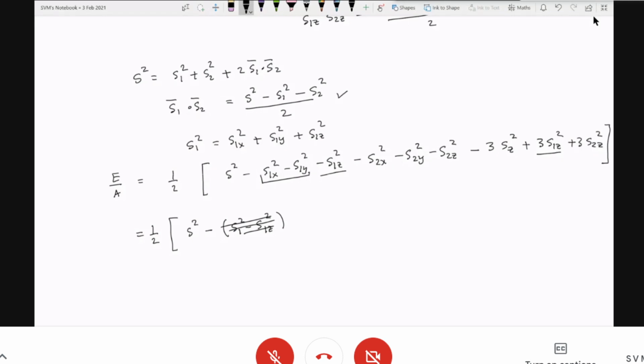So we have minus S1x square minus S1y square plus 2 times S1z square, plus 2 times S2z square, minus 3 times Sz square.